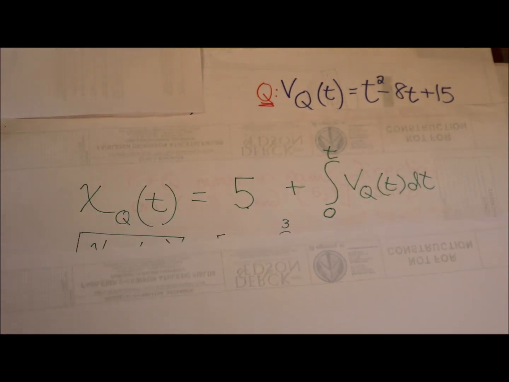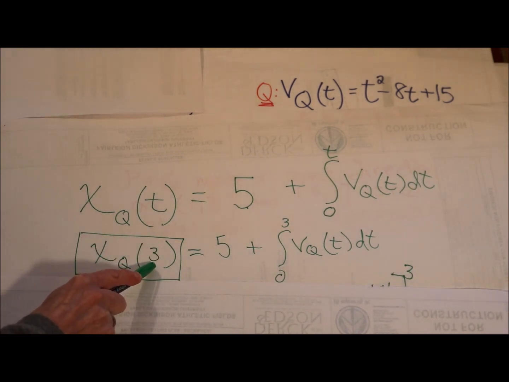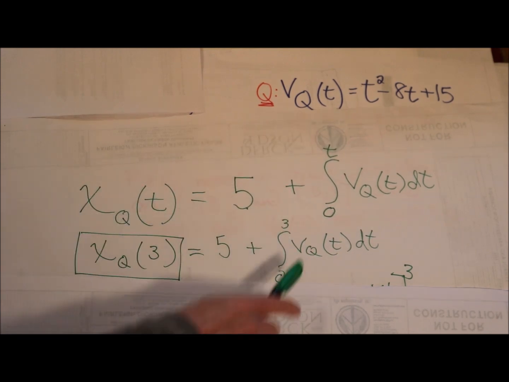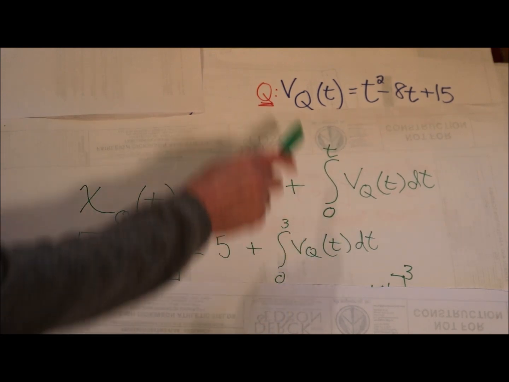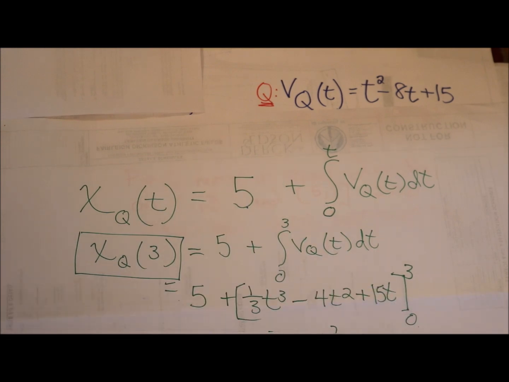Since I want to find this at time equals 3, I'm going to replace that t with a 3. Now I'm going to take the antiderivative of the velocity function, which is not that difficult.